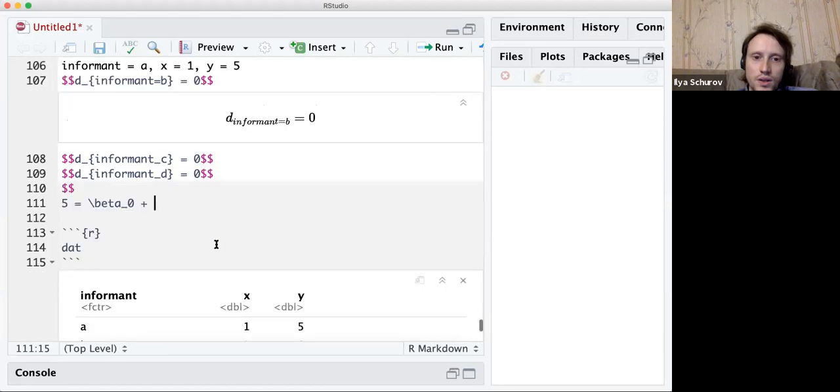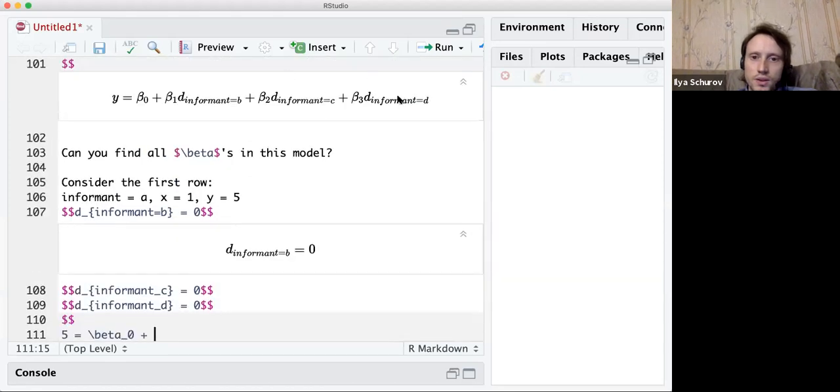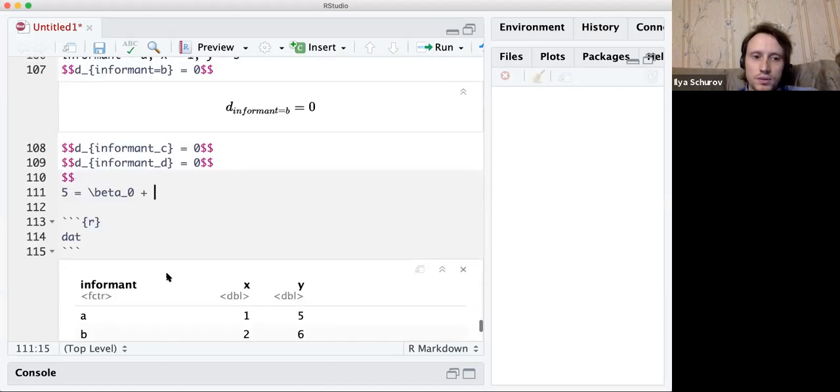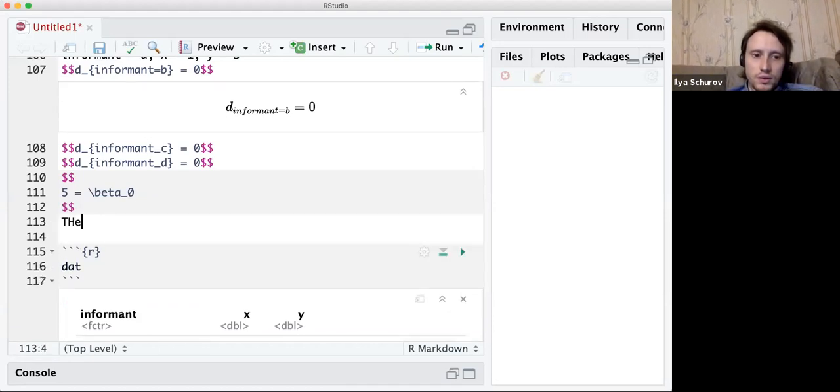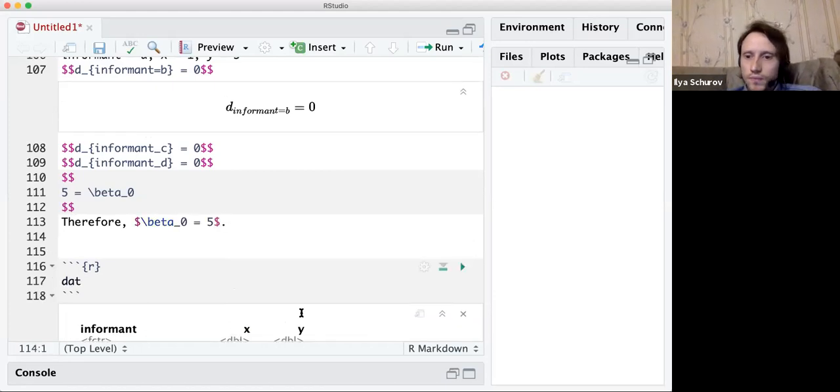So you see that if you put these zeros in this formula, then you have just the equation y equals beta naught. And for the first row, y equals 5. So beta naught equals 5, right?